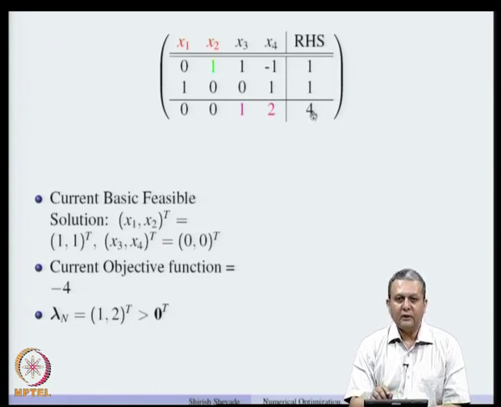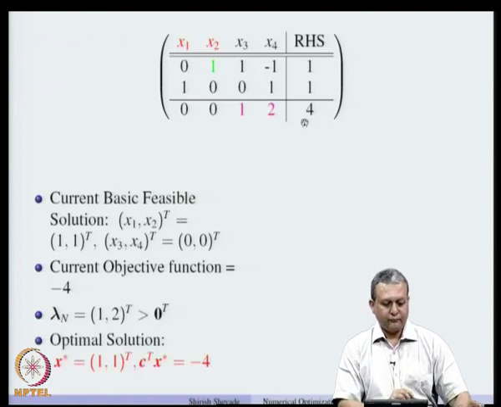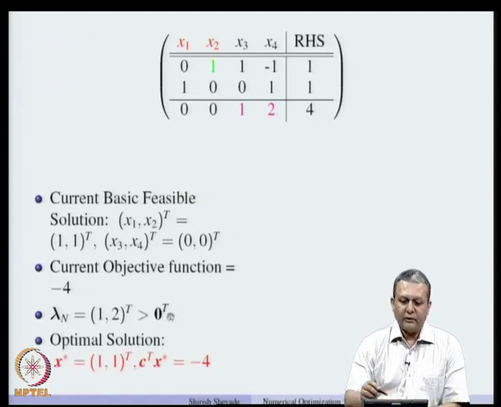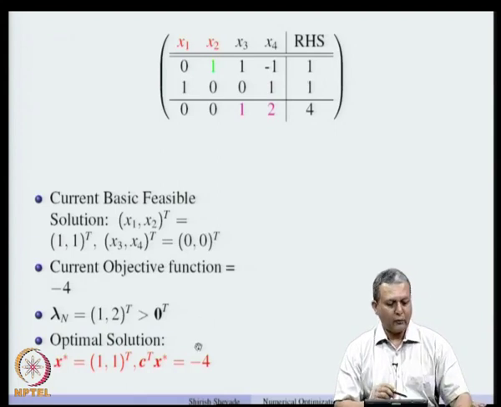The current objective function is -4, and lambda n, the relative cost associated with the non-basic variables, is 1 and 2, which is strictly greater than 0. So, we have the optimal point. The optimal solution is 1, 1 for x1 and x2, and the optimal objective function value is -4.